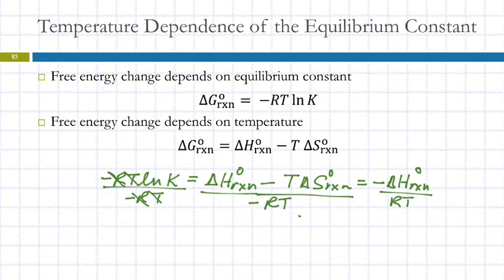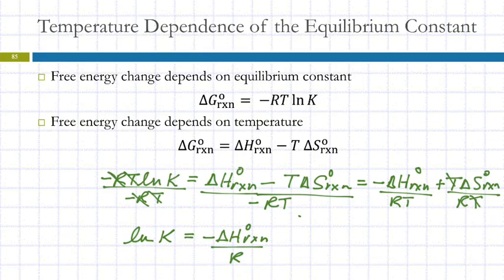These two negatives are going to cancel out, plus T delta S over RT, and the T's cancel out. And so we can straighten this up a little bit. Natural log of K is negative standard delta H over R times 1 over T plus delta S over R.